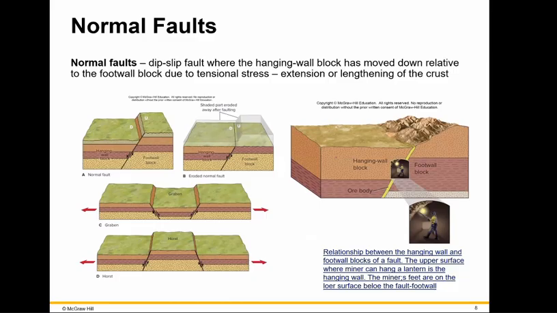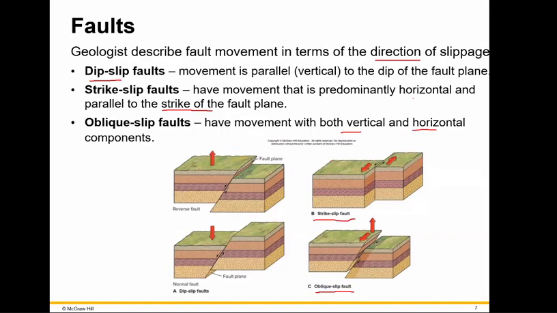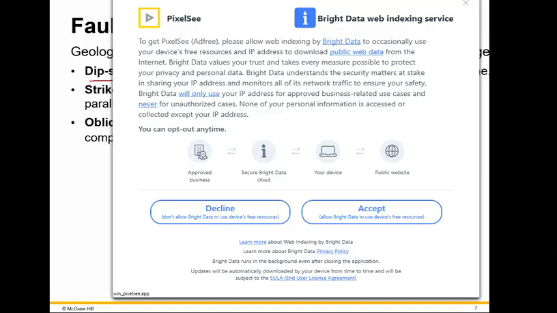Now, ordinarily, if you're asked the different types of faults, you'll go with number 1, normal, number 2, reverse, number 3, strike-slip fault.